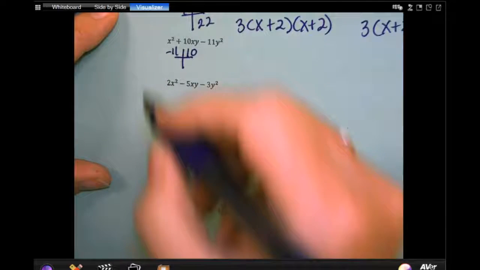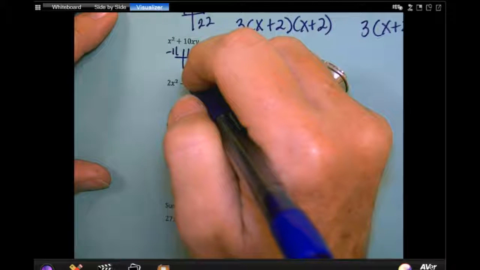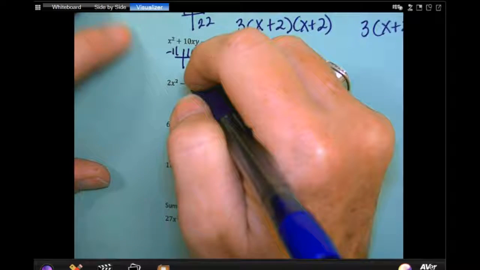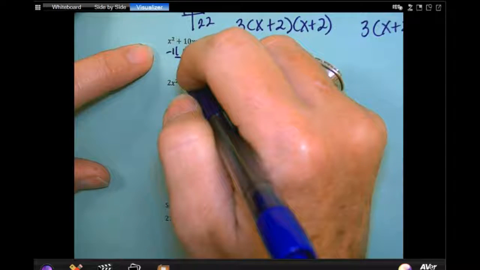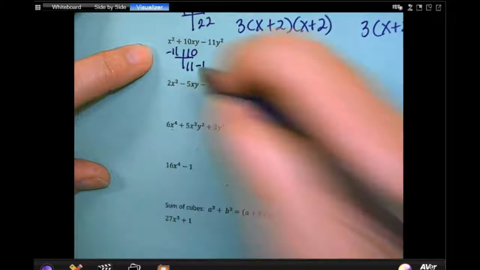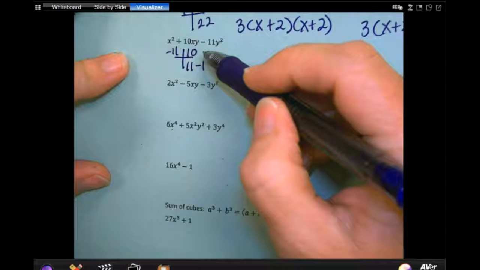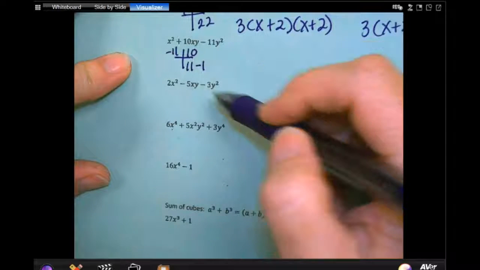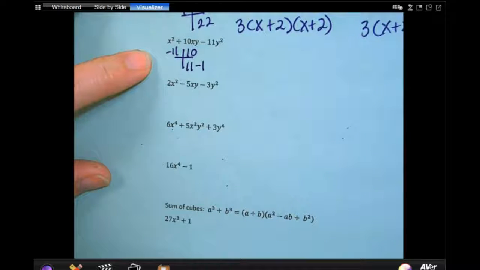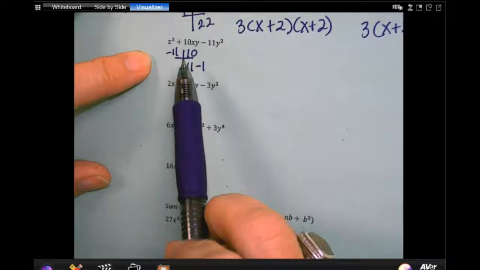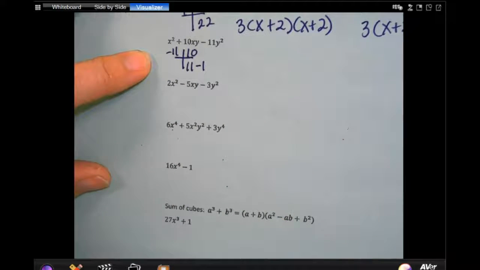And so my factors are going to be positive 11, negative 1, because you want a positive 10, right? And they have to multiply to negative 11. So I think I heard negative 10 and 1, but that wouldn't multiply to negative 11, right? But when you do this, it will.